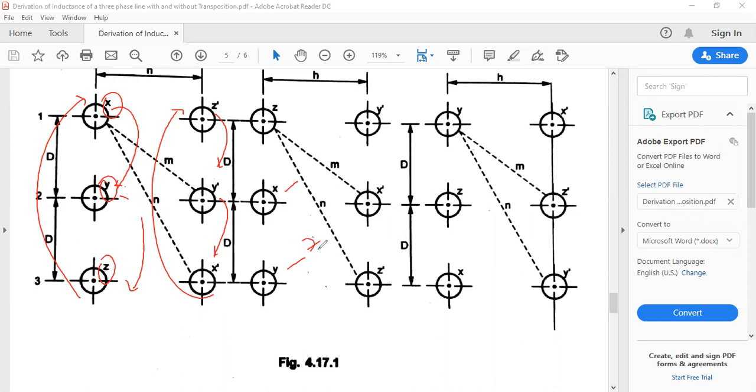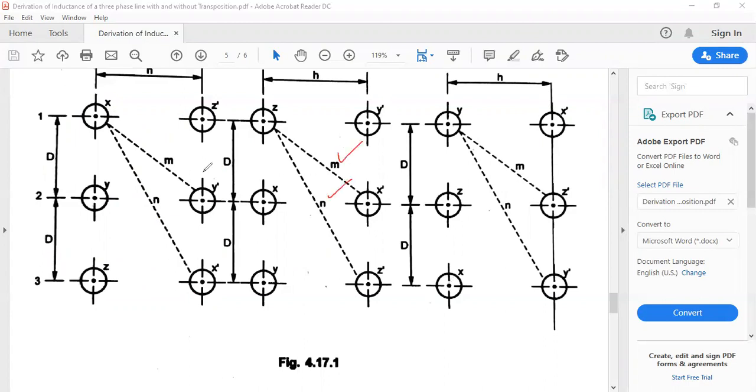This is the second interval, and this is the third interval. The distances remain the same in all the cases: M, N, M, N, H and D. All the distances are one and the same.